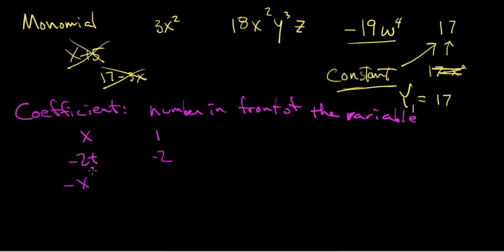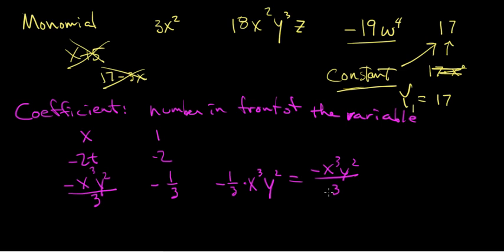Negative x to the third y squared over 3. Now, this is a tricky one. What's your coefficient? Negative 1/3. Well, why is that? Because you can say negative 1/3 times x to the third y squared is equal to negative x to the third y squared over 3.